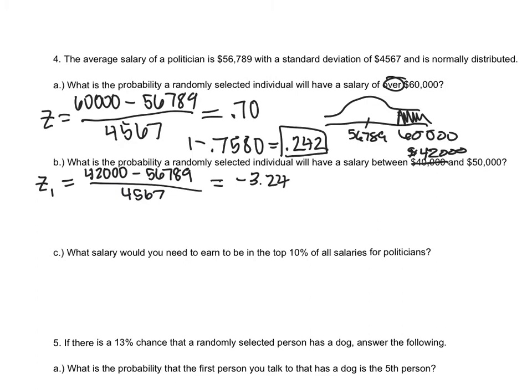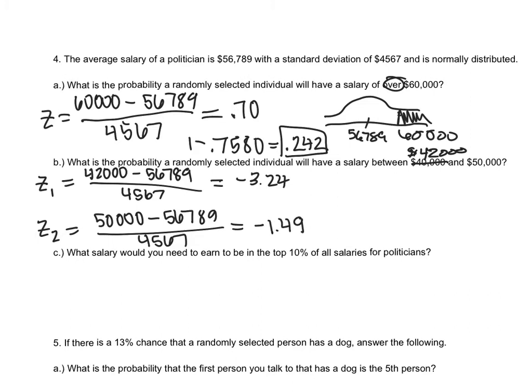For our second z-score, we're going to do 50,000 minus 56,789 over the 4567. And that's going to give us negative 1.49. Now we need to find both of their probabilities using our z-chart and then subtract them.